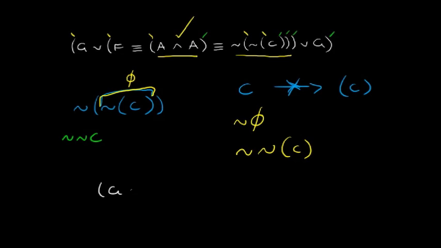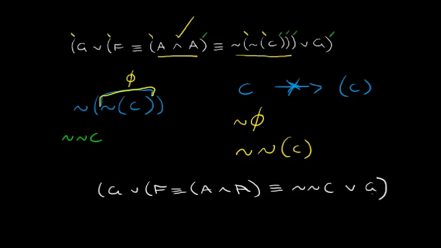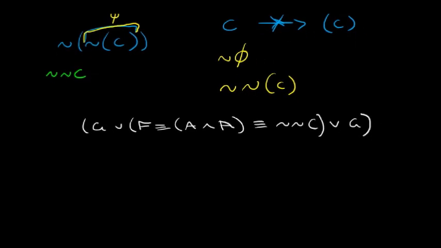Now if we do a bit of rewriting, we'll have G or F if and only if A and A, if and only if not C or G, close bracket. Oh, sorry, I've taken off one too many brackets there, so there should have been another one there. Okay, now let's break this down a bit more.